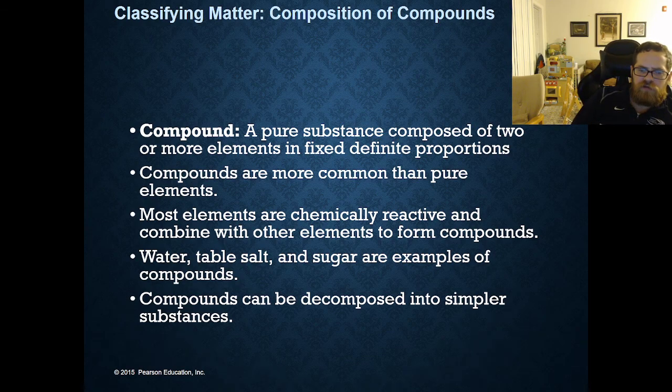Water is another example of a fixed, definite proportion. You have two elements, hydrogen and oxygen, in a fixed, definite proportion. You have two hydrogens and one oxygen, and every single water is like that. The other example I have here is sugar.